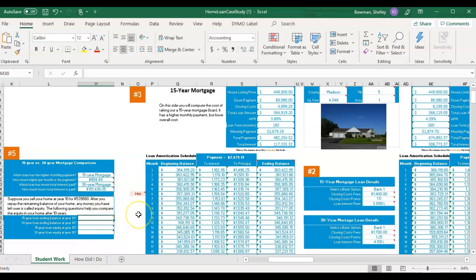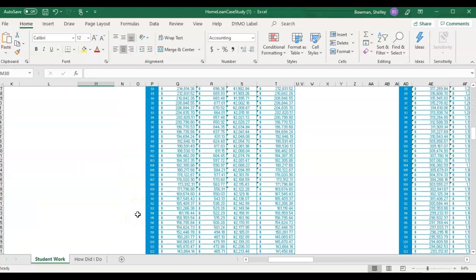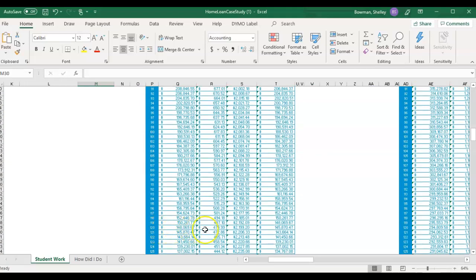The next is going down to find the loan ending balance at year 10. Year 10 is 10 times 12 months out of the year's month 120. I think it even tells me on this. Oh, nope. So I'm just going to go look down here at month 120, scroll, and I could even cell reference that.